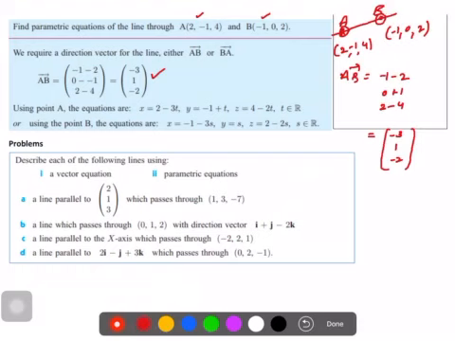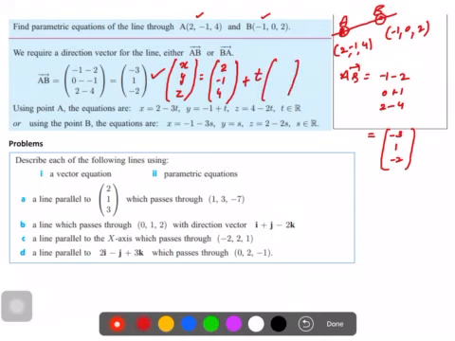So we can write (x, y, z) equals any one point, either A or B, because the line is passing through both. Let's say A, plus a parameter t times the parallel vector. The vector and the line are parallel to each other because they are superimposed.